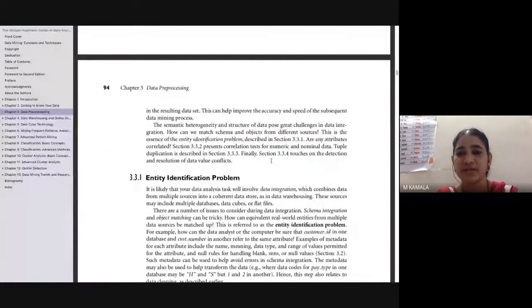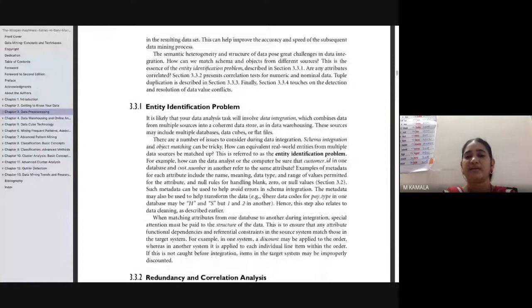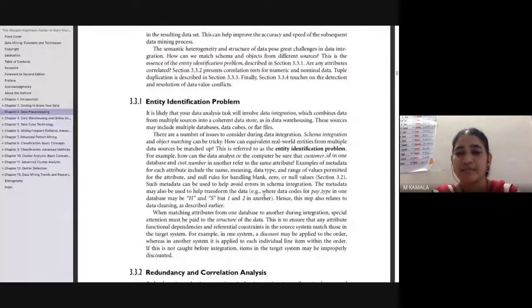Entity identification is a simple thing. Even if we consider some columns in the entities, for example, some of you can give the student roll number as roll number and someone can give registration number.